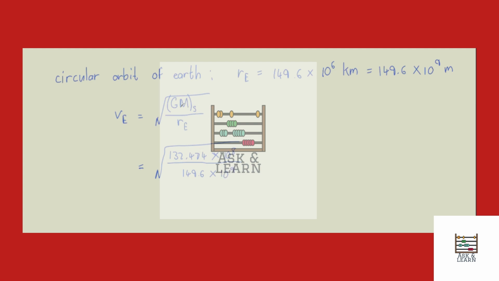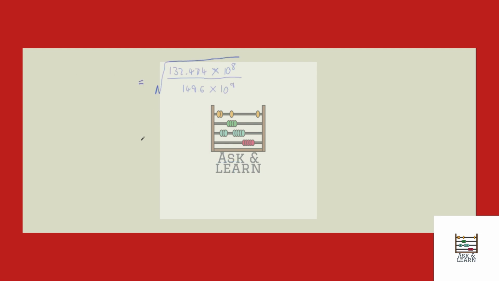So remember, the mass of the Sun is responsible for the Earth's orbit. And this value is 29.758 times 10 to the power 3 meters per second. Now that's the speed of the Earth as it orbits the Sun.